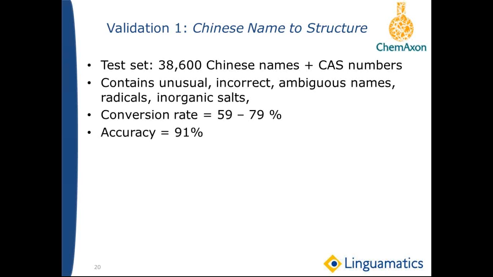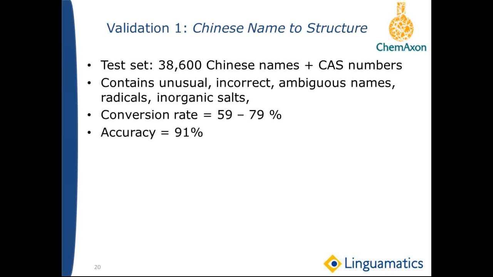The first test we have, we collected almost 40,000 Chinese names and their CAS number. This test set is collected from the internet, and as you know, a lot of information on the internet is not correct, and so is this test set. So it does have some unusual, incorrect, ambiguous names.